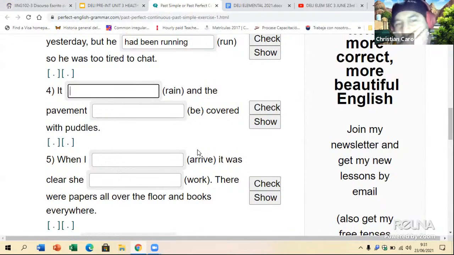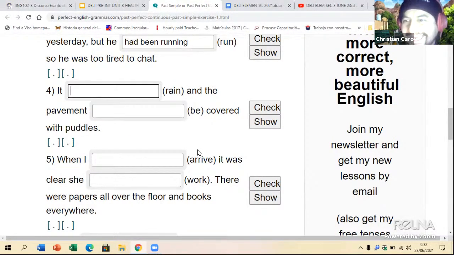Number 4. It and the pavement covered with puddles. All right. Hay muchas cositas en el suelo, en el pavimento. Ah, claro. Primero hay que explicar lo que pasó, y eso después lleva a la consecuencia, que el pavimento está cubierto con cositas de agua. ¿Cómo podríamos explicar entonces la primera parte de number 4?